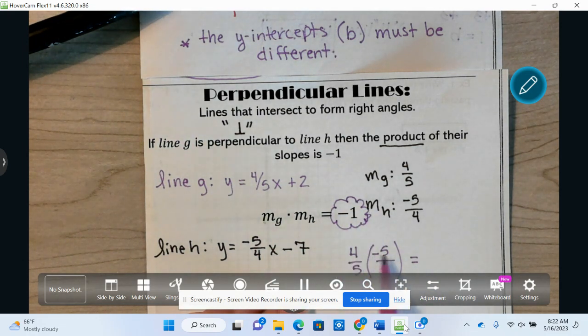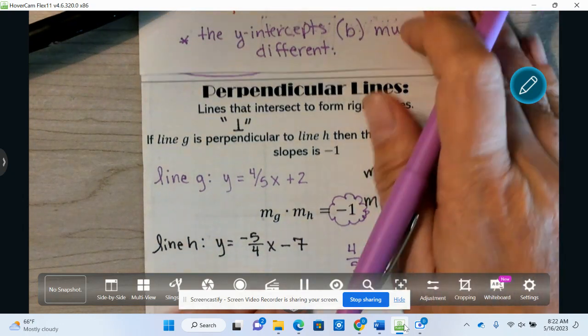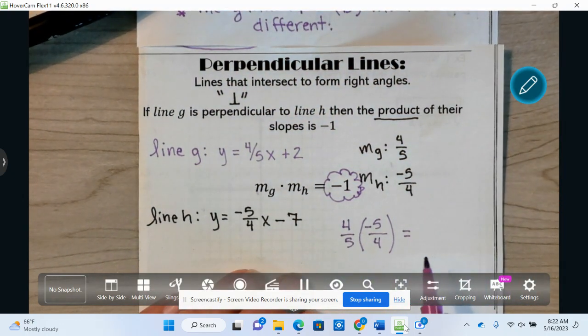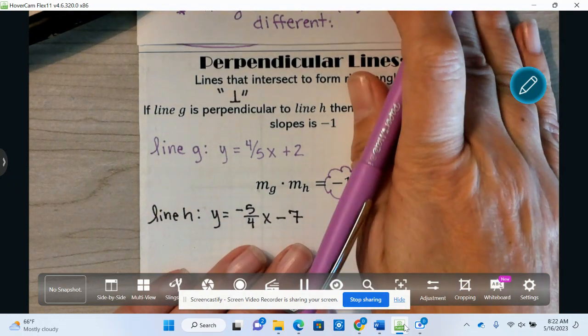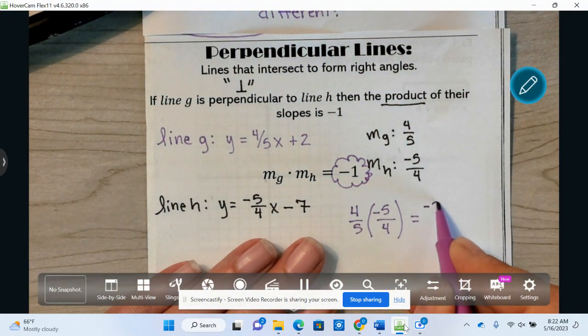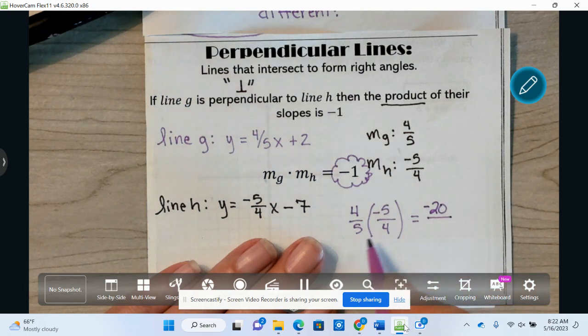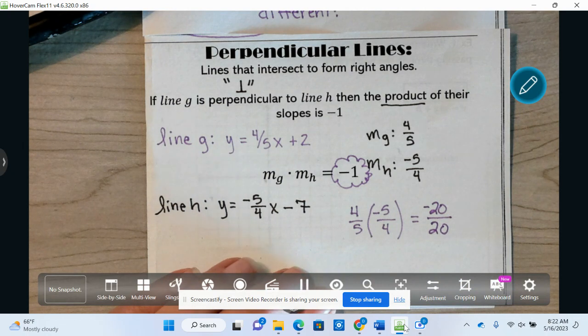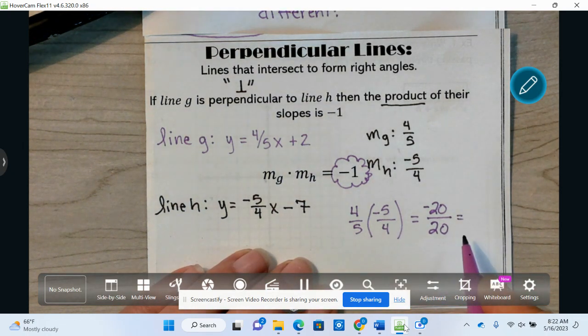Well, let's see. What's 4 times 5? Yeah, 20. So a positive times a negative is a negative. So I get -20 on the top. And 5 times 4 is 20. What is -20 over 20?